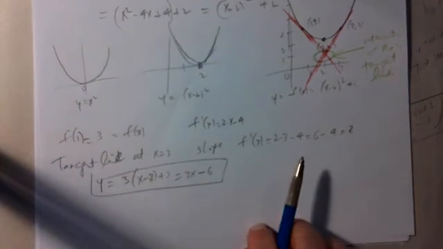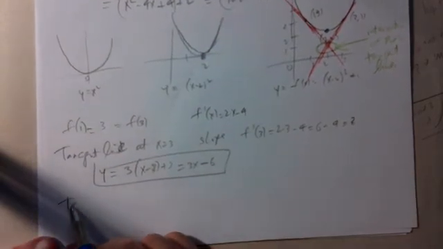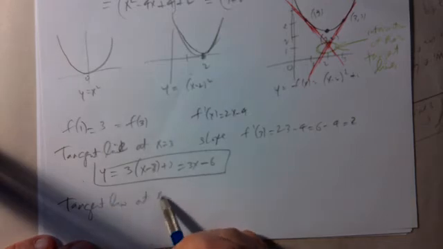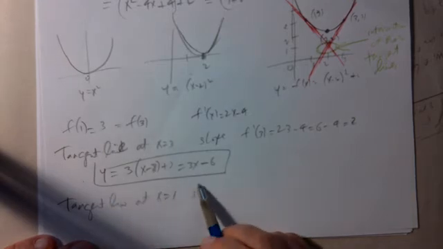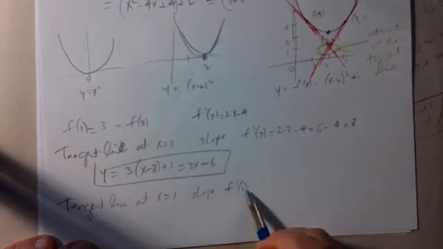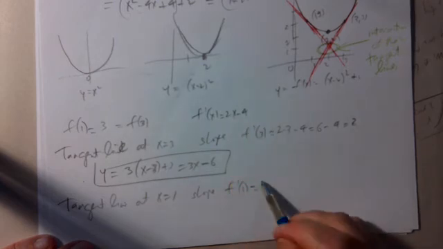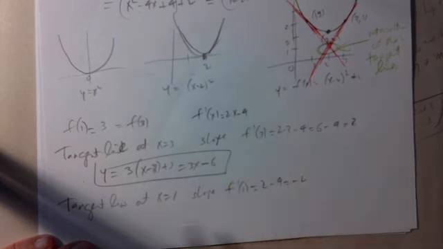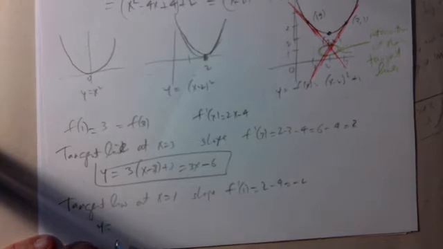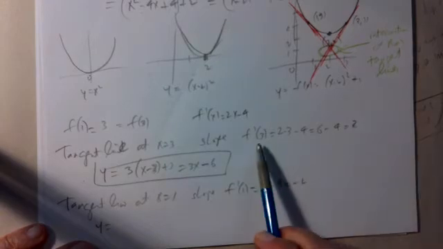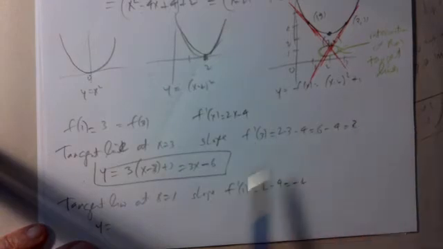Oops, sorry, this is wrong. f prime of 3 is 2.